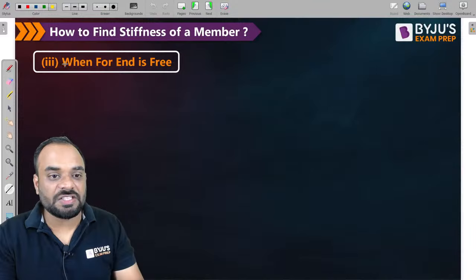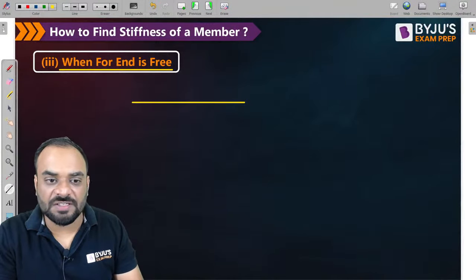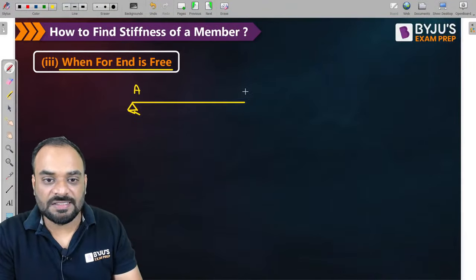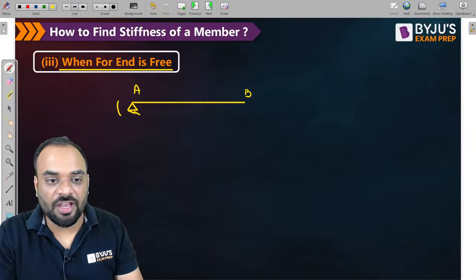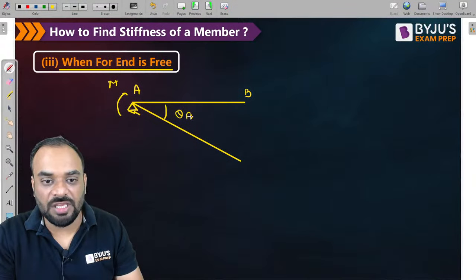When the far end is free, then what should be the stiffness? This concept is very easy in this particular case. This is A, this is B. Now tell me, guys, if I apply any moment at the end A, this beam will try to rotate infinitely. So you can write here theta A can be infinity.